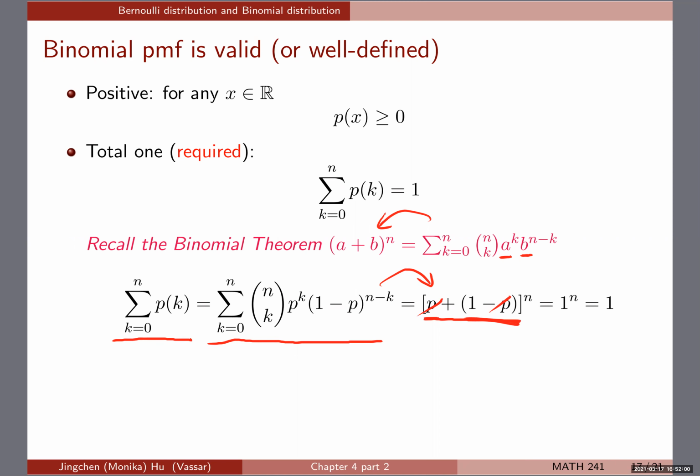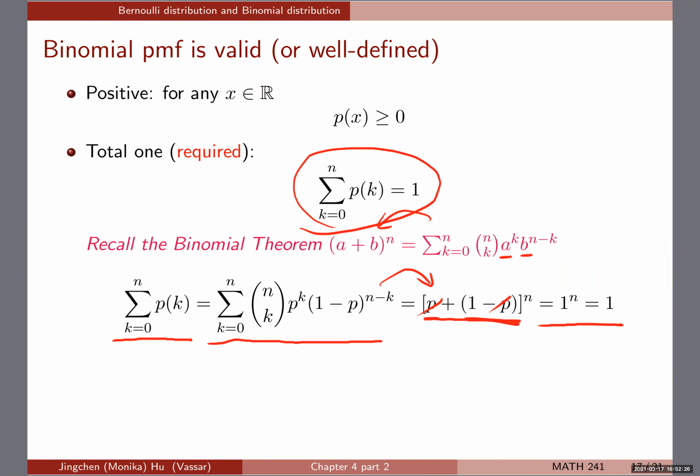This mathematically shows that the sum of all of these p_k equals 1. This is also the total 1 result in the axioms of probability. Earlier in that example, I was saying that if you add them up, it's going to add up to 1. Here, this is very generic; it's true for any binomial distribution that you're working with. So keep that in mind.